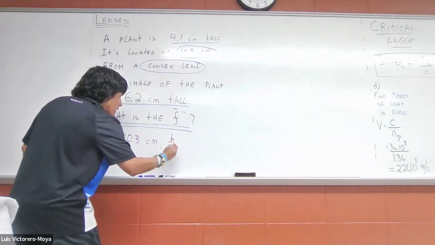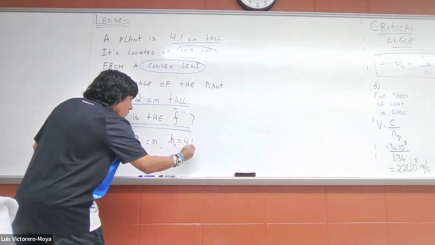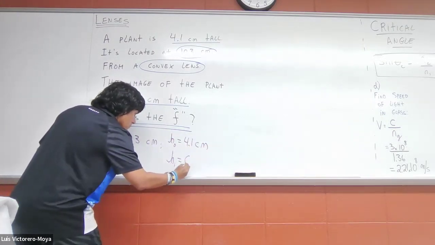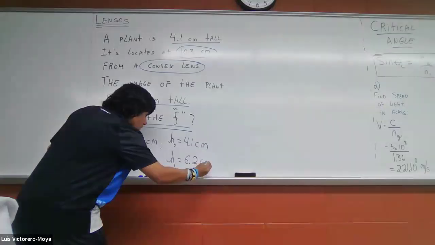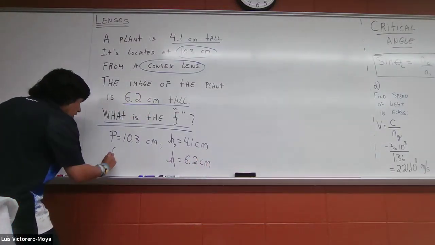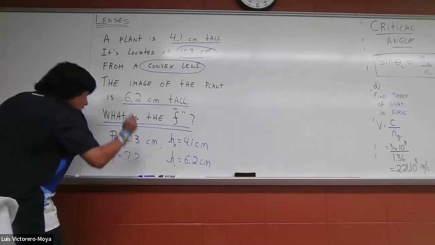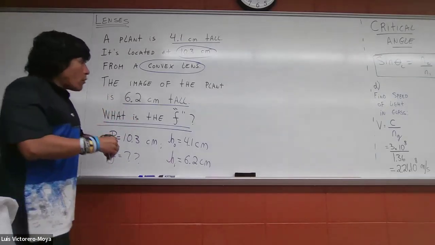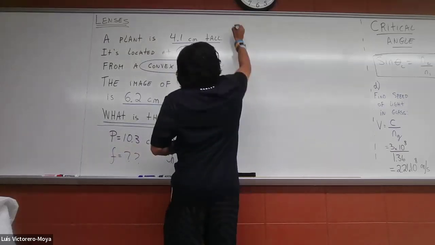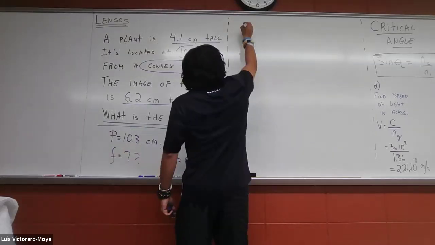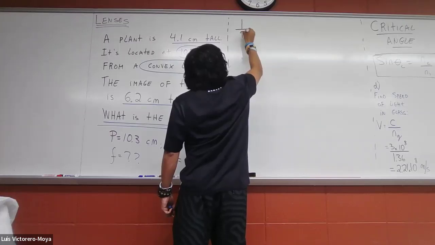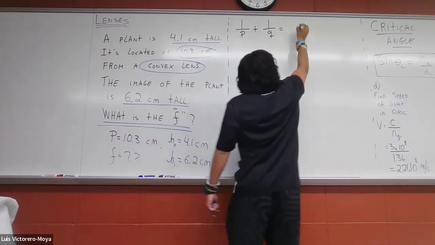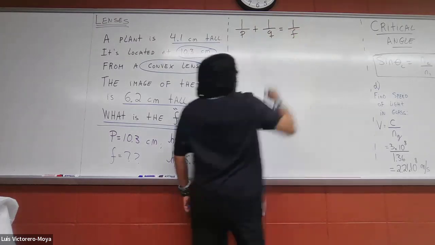The height of the object, the height of the image is this. And they want you to find the focal length. The only way you can find the focal length is by using 1 over P plus 1 over Q equals 1 over F.